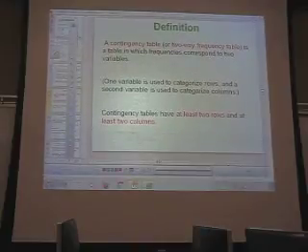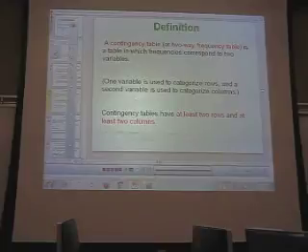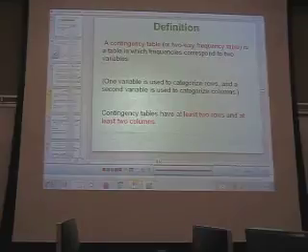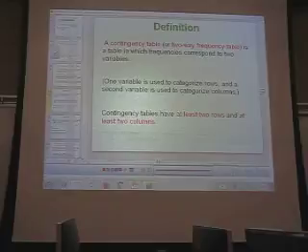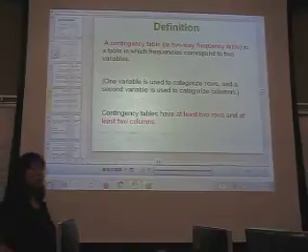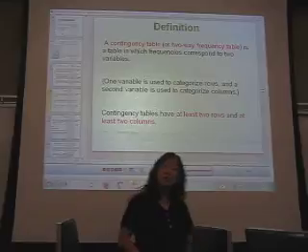A contingency table or a two-way frequency table is a table in which frequencies correspond to two variables. One variable is used to categorize rows, and the second variable is used to categorize columns. Contingency tables have at least 2 rows and at least 2 columns. Right, so where we've seen this before is with our puppies.